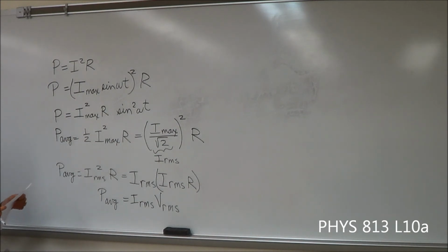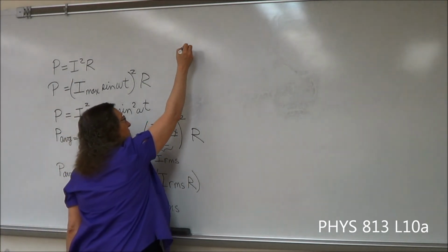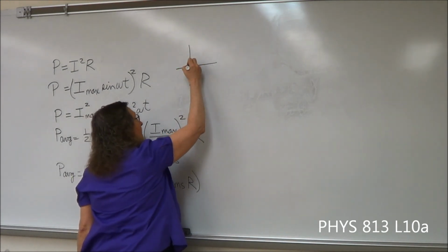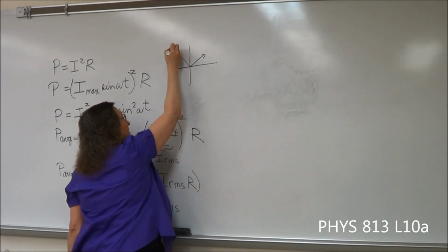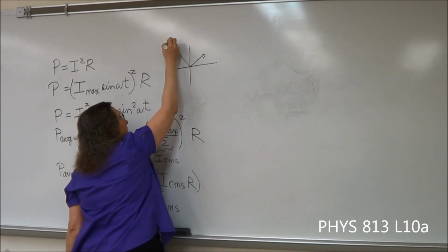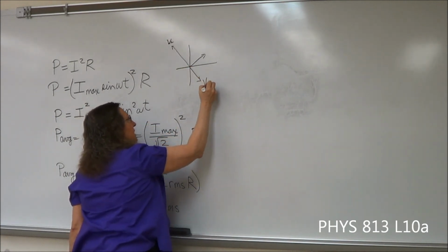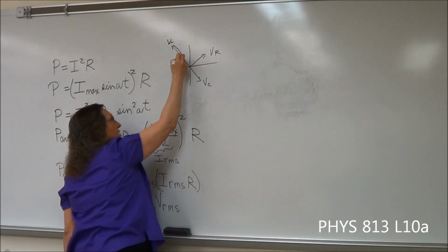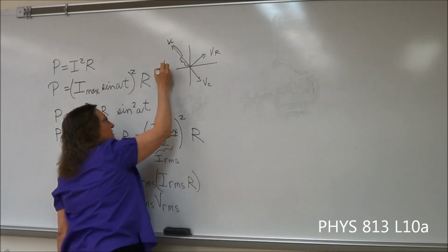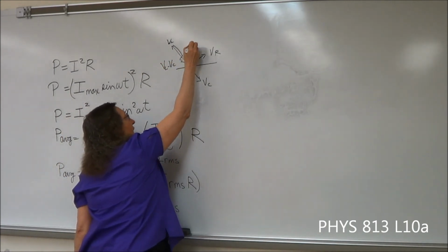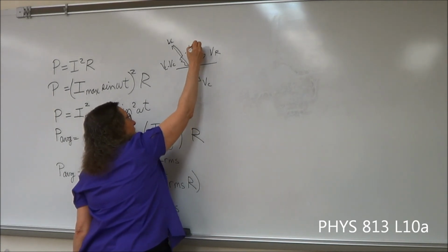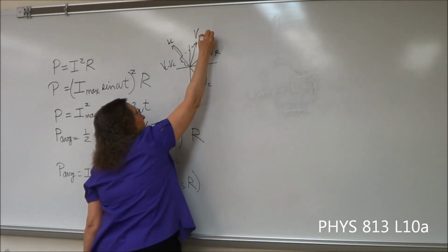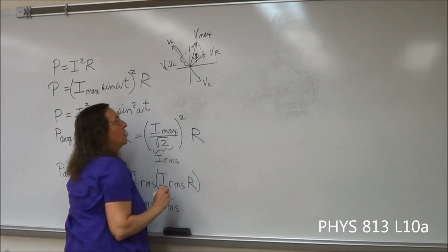Well, where we're actually headed is if we look back at the phasor diagram. So I'll just draw a little one up here. We had VR there, we had VL up here, we had VC here, and then if we add this one, we get this back to here. So this part here was VL minus VC, and then this is V max, and here's our phase angle.